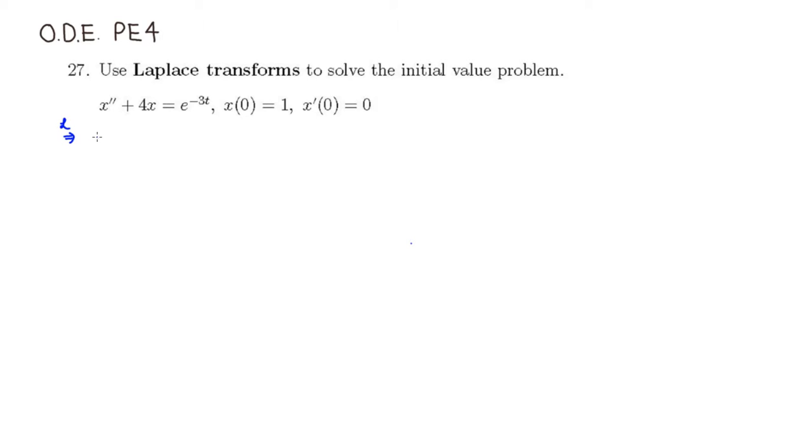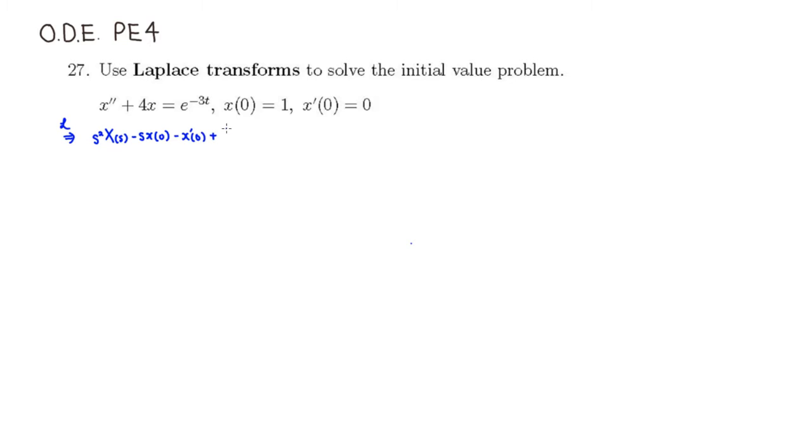So you're going to get s squared, capital X of s, minus s times x of 0, minus x prime of 0, right?